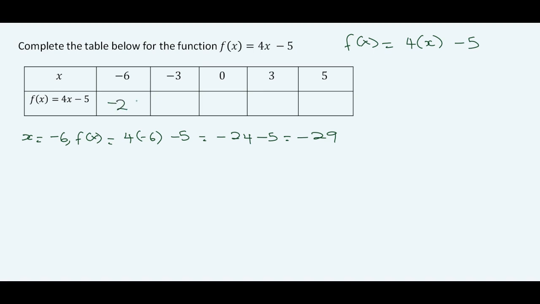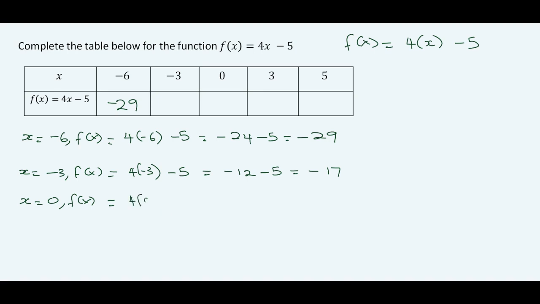So this is -29. X equal to -3, f of x equal to 4 multiplied by -3 minus 5, which is -12 minus 5, which is going to give us -17. X equal to 0, f of x equal to 4 multiplied by 0 minus 5, which is 0 minus 5.